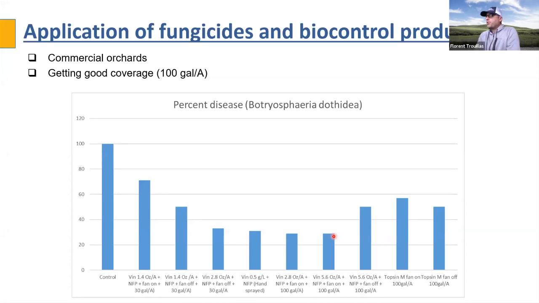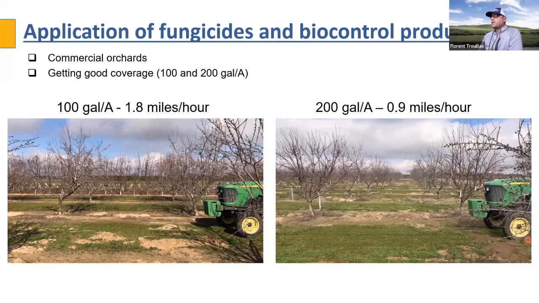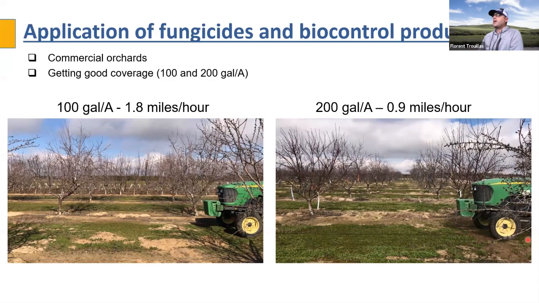This is just very preliminary data, where we used Trichoderma and conventional air blast sprayers at 100 gallons. Very interestingly, we had significant disease reduction compared to a non-treated control, and we had better results than the conventional Topsin. So very promising data that this product also could be used with a conventional air blast sprayer system. Few words now on where we are with this. We looked at 100 gallon volume with the air blast. We're looking at 200 gallons.